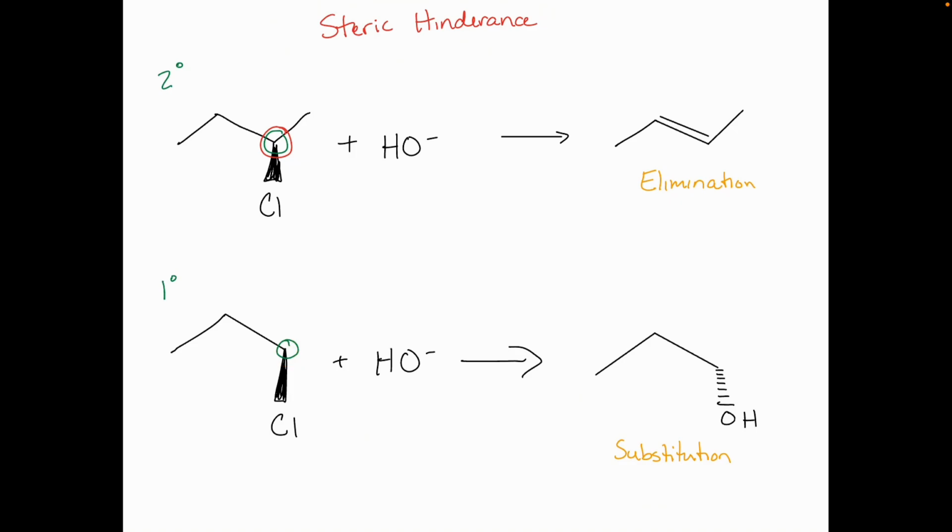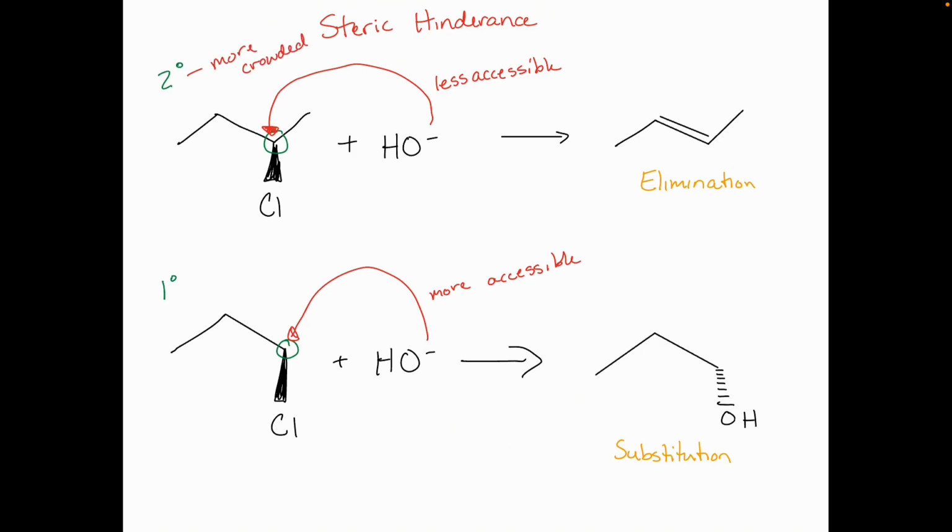For something to play the role of a nucleophile, it has to be able to attack that carbon. And secondary carbons are just less accessible than primary carbons. These are more accessible. Secondary carbons are simply more crowded. Primary, you've got more space.